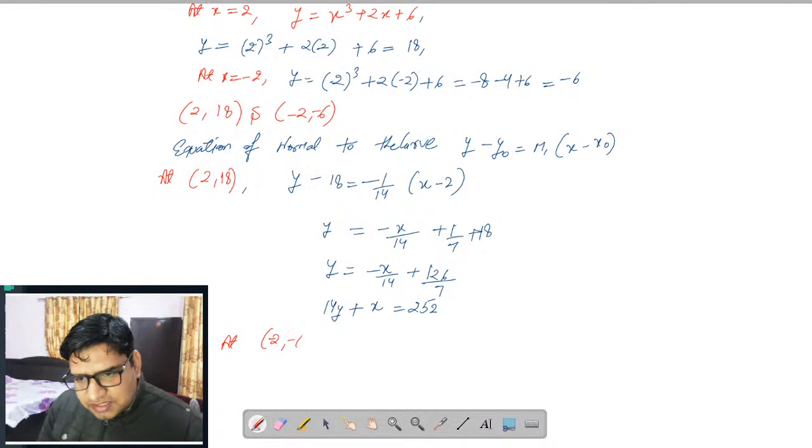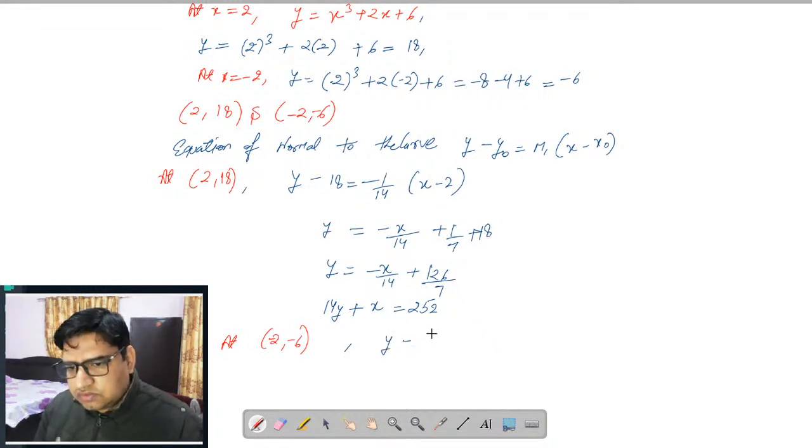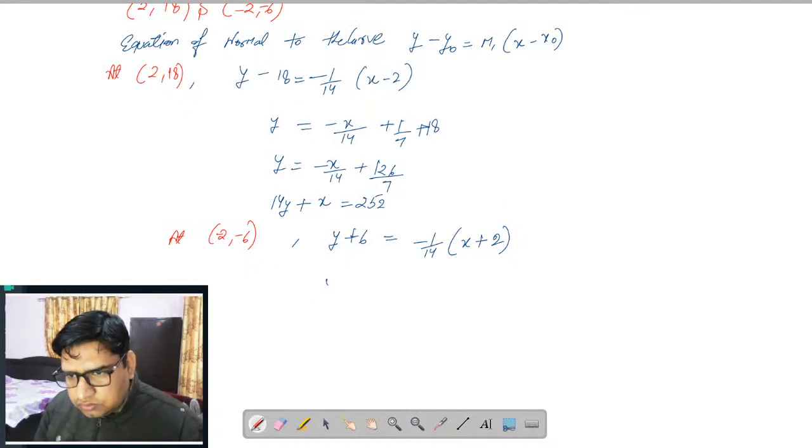And we will simply write at minus 2 and minus 6, so that will be y plus 6 is equal to minus 1 upon 14 into (x plus 2). So that is y is equal to minus 1 upon 14 x minus 1 upon 7 minus 6.